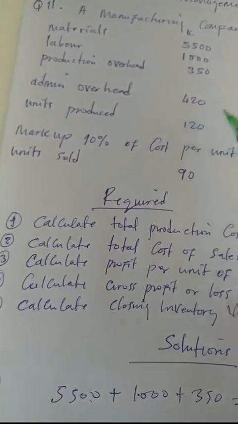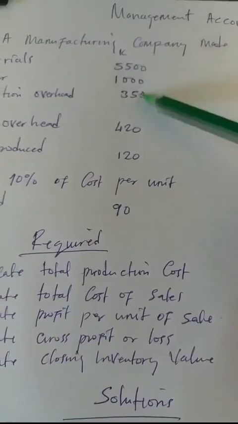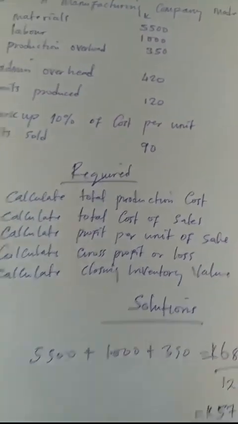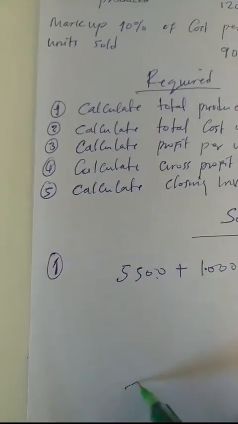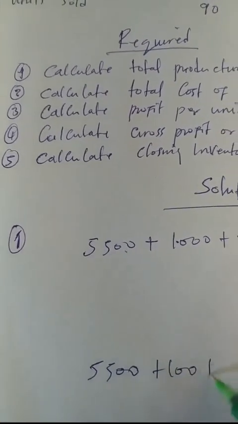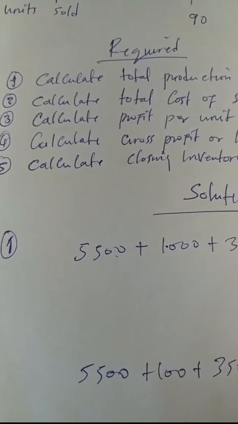You just need to add these three, including the administration overheads, because these were also expenses. So you add 5,500 kwacha plus 1,000 plus 350 plus 420.